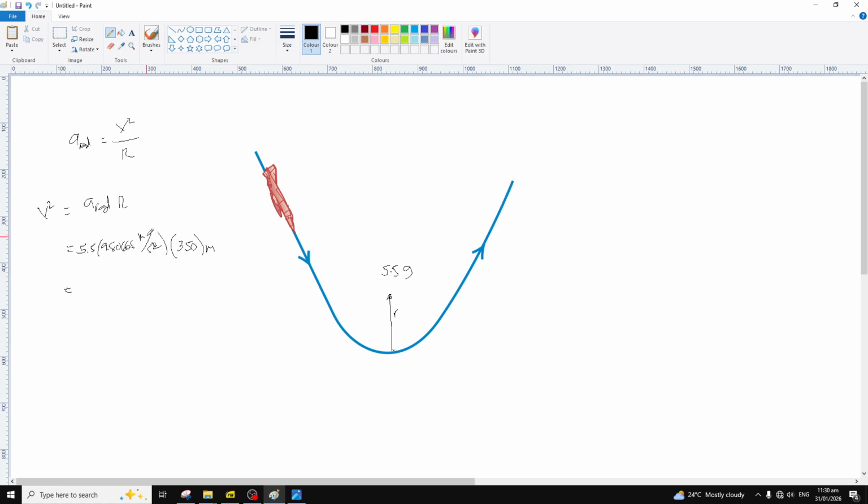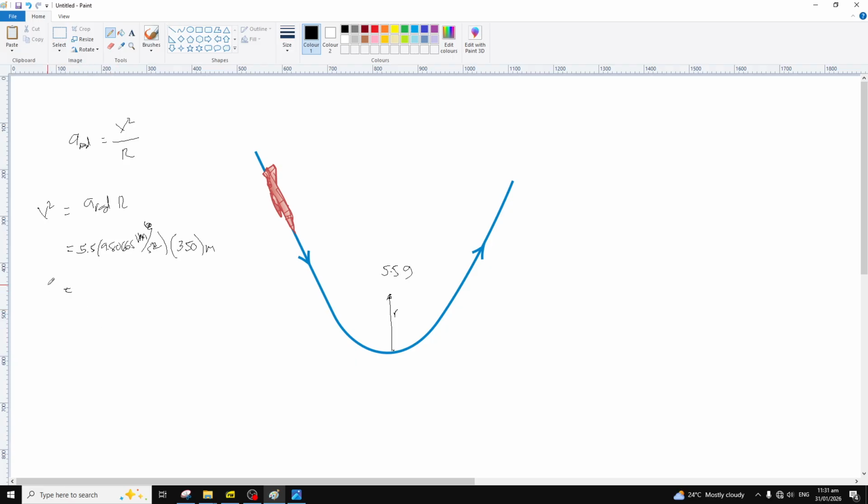So basically, you would have a unit of meter squared per second squared. Meter squared dahil meter times meter. So you only have to compute 5.5 times 9.80665 times 350. So 350, you would have 18,877 square meters per second squared.